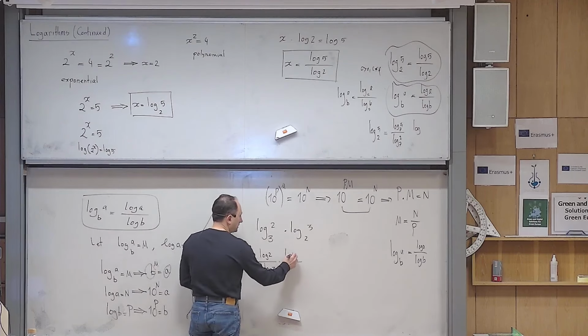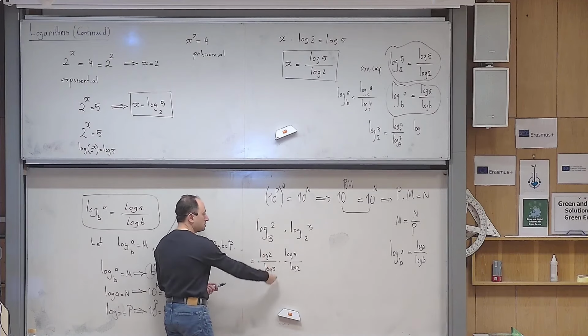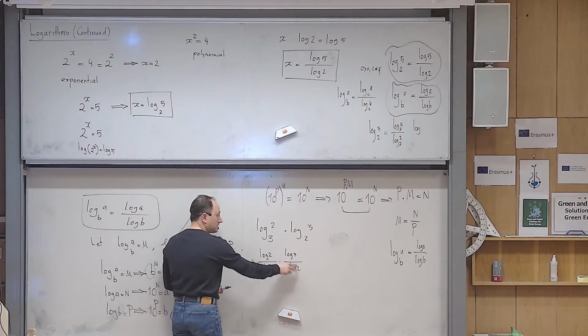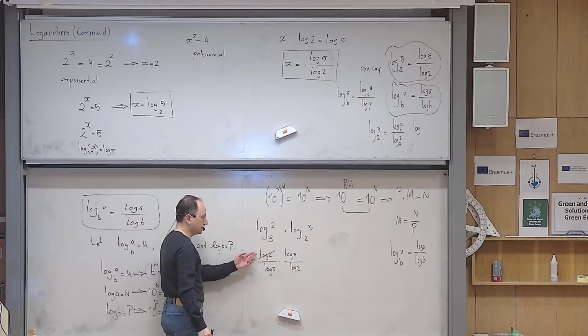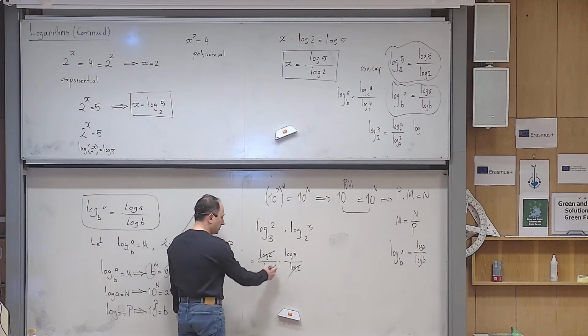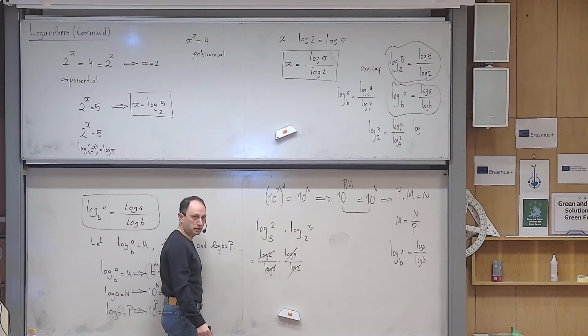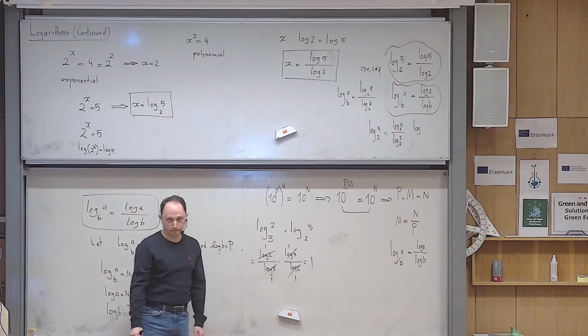Logarithm of 3 divided by logarithm of 2. I don't need to know them, because whatever this fraction is, that is the reciprocal of that fraction. Or in other words, this logarithm of 2, whatever it is, cancels that logarithm of 2 because they are the same. And this logarithm of 3 will cancel that one. So what's left? 1, 1, 1, 1. So the product is just 1.